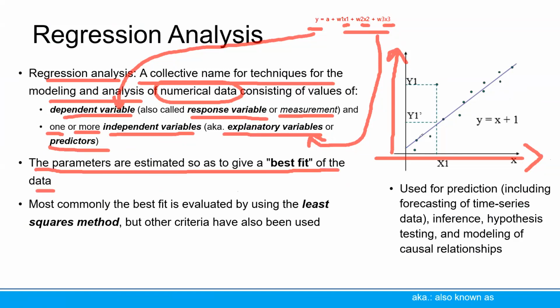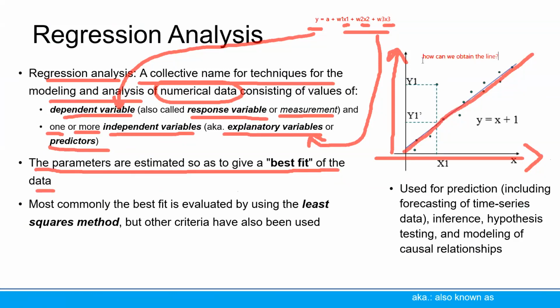Let's say if I want to have a function like this, how can we get this line? How can we obtain the best fit line? What is the best fit?